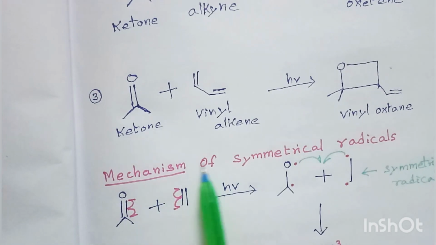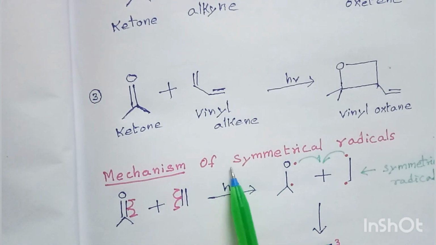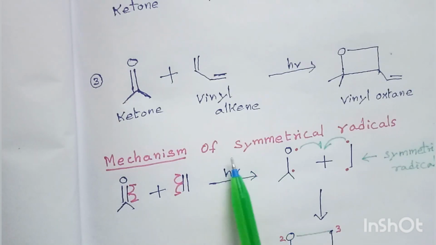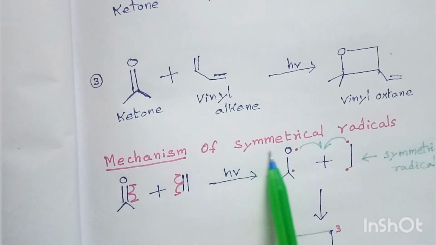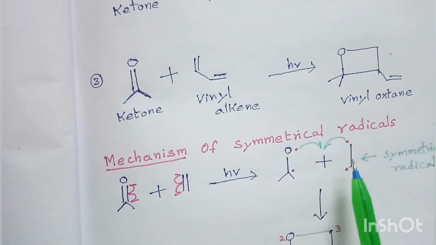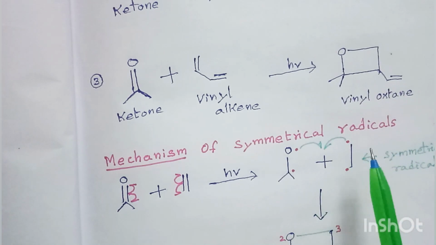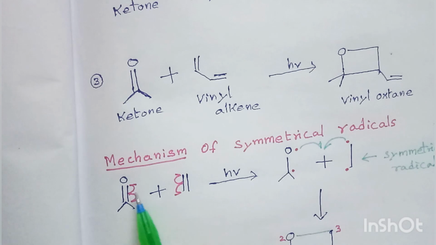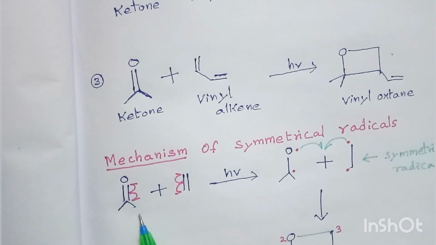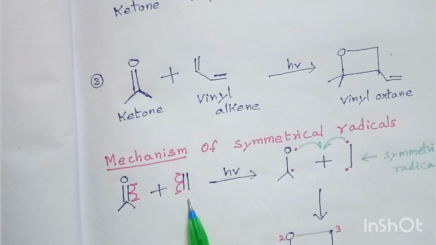Mechanism of oxetane formation, when it comes to symmetrical radicals, that is, the alkene is symmetrical. See here, this is the carbonyl group, this is the alkene.